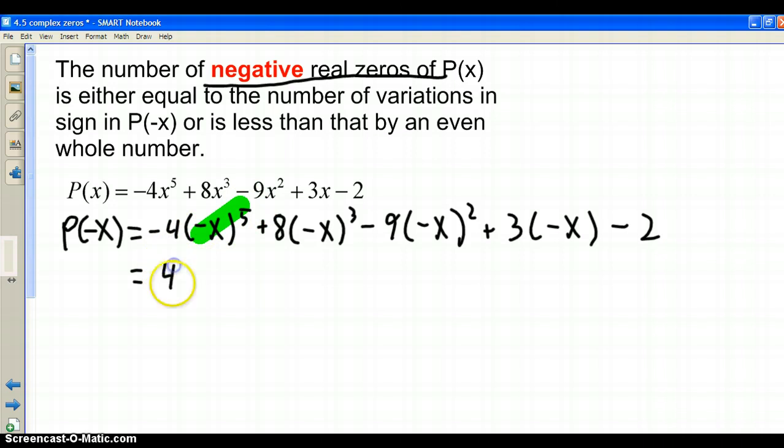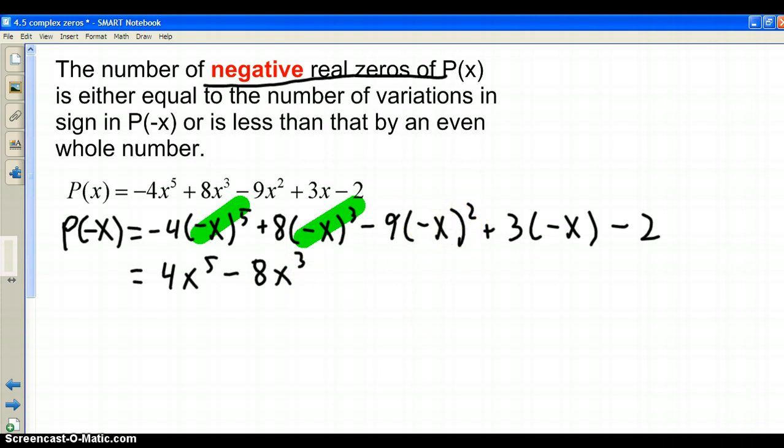So I have negative x to the 5th, and let's see what happens here. I should just wait on the plus or minus here. Let's actually look at it first. So look at this term. You can see the negative to a 3rd power will always be negative, so I am going to put a minus there, minus 8x cubed.